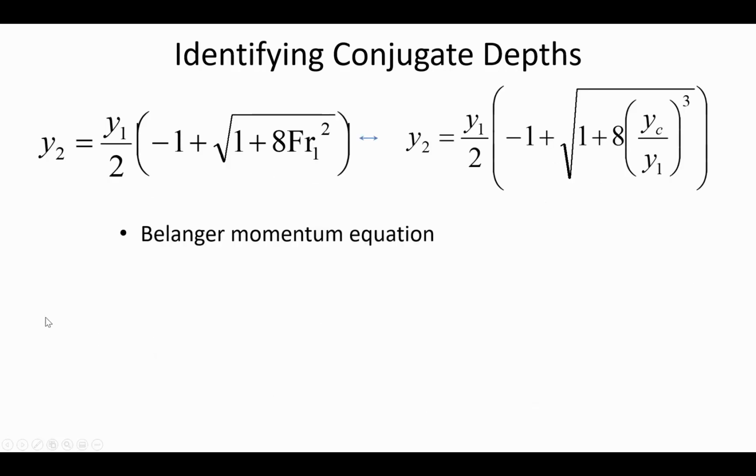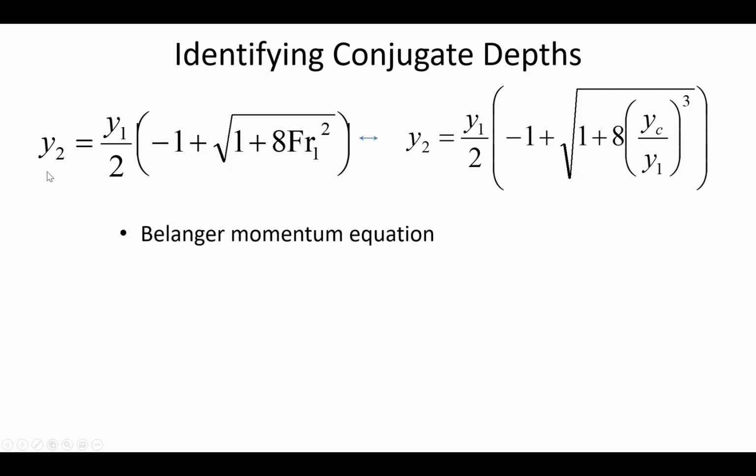The other way of doing it, besides iteration or graphical techniques, is this Bellinger momentum equation. So this equation is saying what is the downstream depth, so that's after the jump. 1 is always upstream, 2 is always downstream.